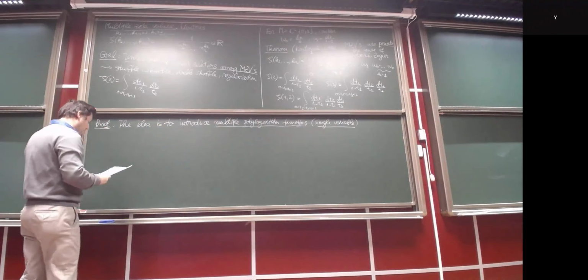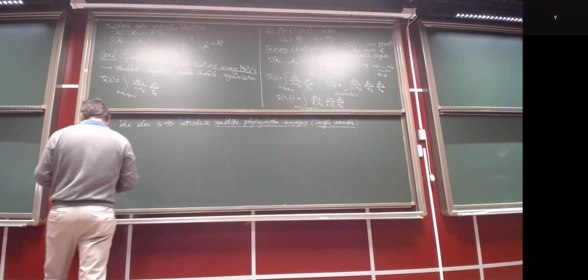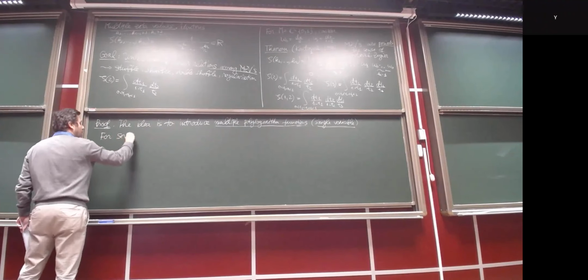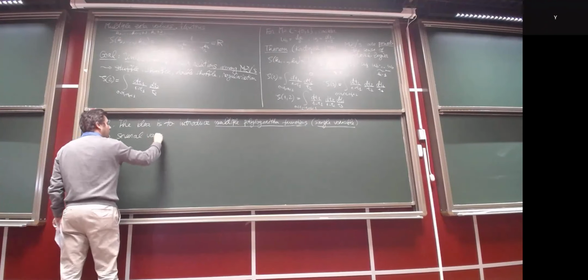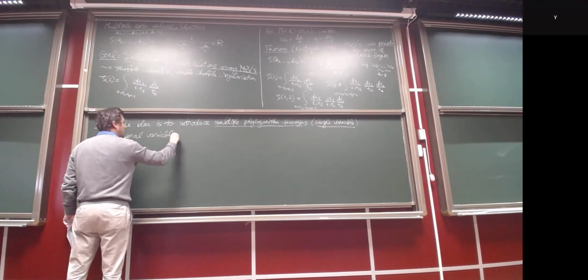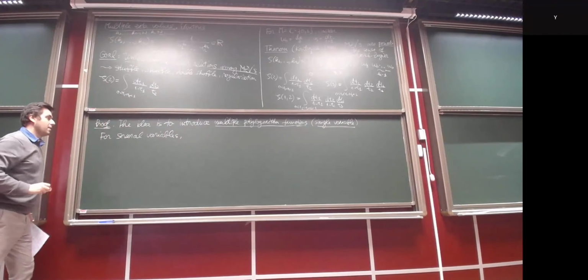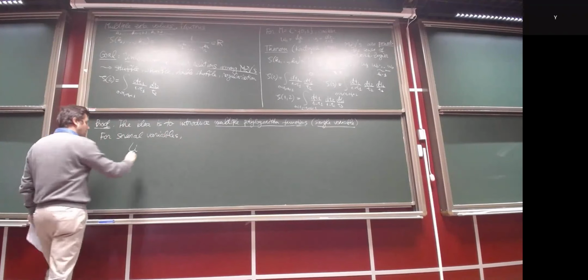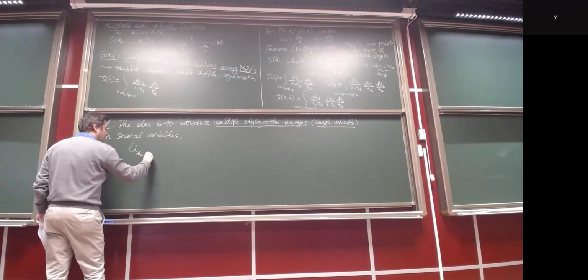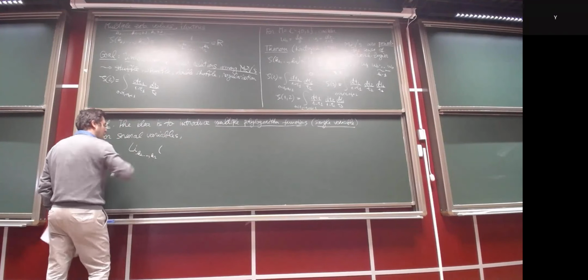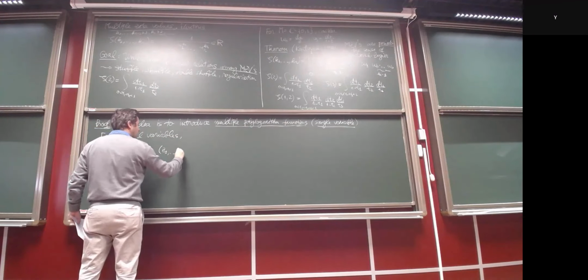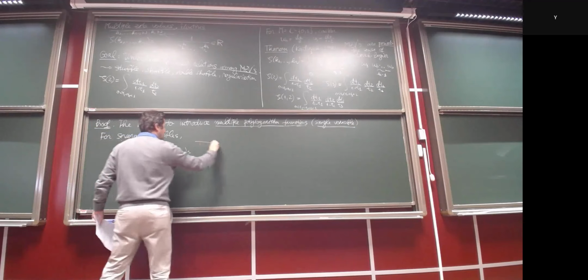So let me write this for several variables. And for several variables, we can write it in this way. You will see that this is just a generalization, and you will obtain the multiple zeta values in a particular case. So I have here z1 to zr as variables.